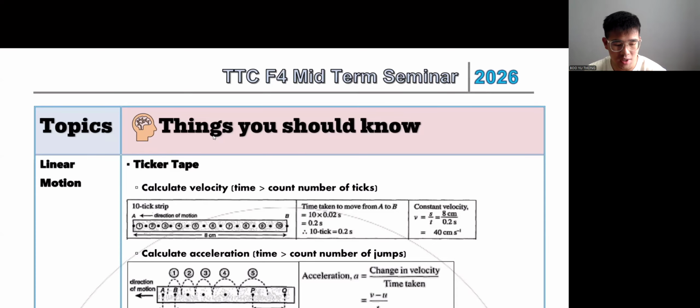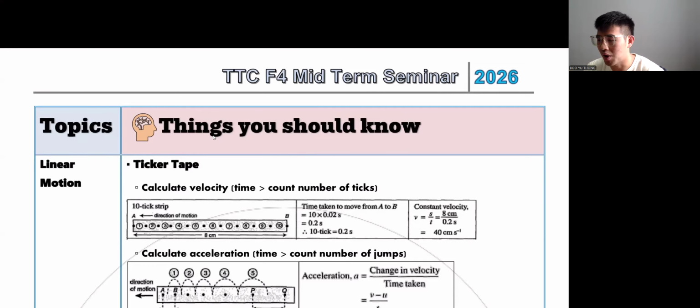Whether you are TTC students or not, some of you have been taught using the table method, but some school students haven't learned it from their teacher yet.